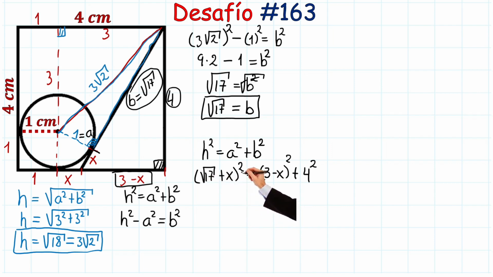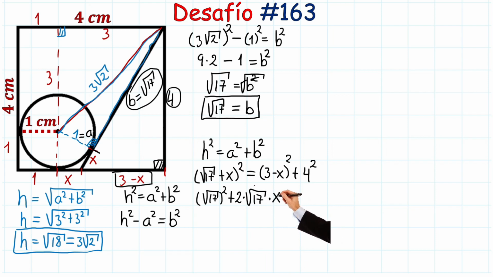Here, we have a squared binomial solved in the following way. The first term squared, the square root of 17 squared, plus the double product of the first term, that is the square root of 17, by the second term, that is x, plus the second term squared, that is x squared. Very well. This equals, here, we also have a perfect square trinomial, but there's a minus.